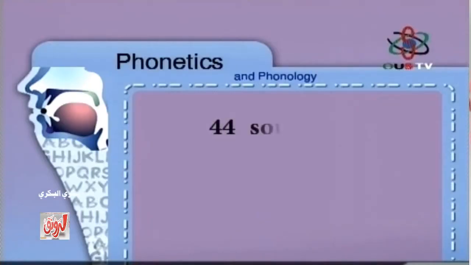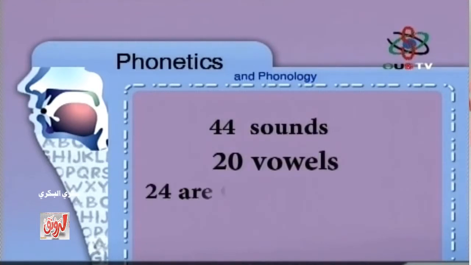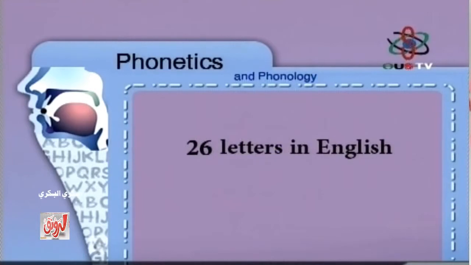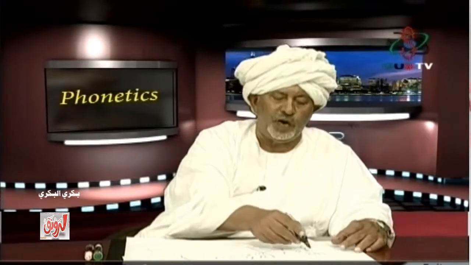We don't need them. Just to reiterate, we said that in English there are 44 sounds. 20 of these are vowels and 24 are consonants. But in English, we have got 26 letters. 5 of those are vowels: A, E, I, O, U. So we are left with 21 consonant letters to represent the 24 consonants.